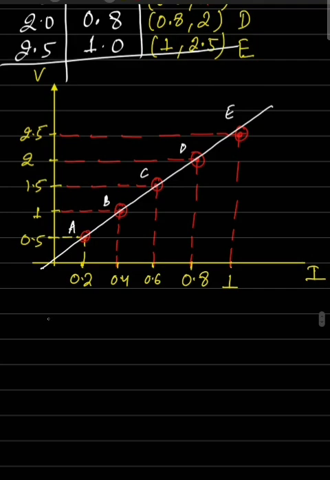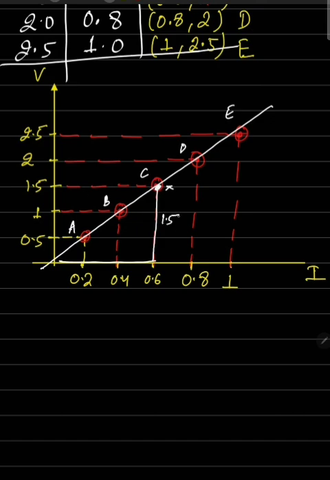Now choose any point and find the slope of this graph. Suppose you choose any point, you will get the same value. Suppose I choose point C. Through C, draw one vertical line and one horizontal line. What is the height of this vertical line?